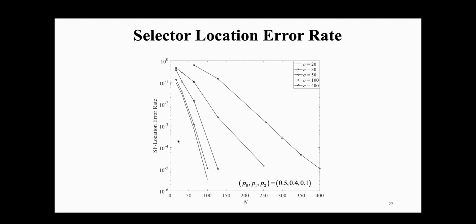This figure illustrates the detection error rate of selector failure locations versus the array size n. The detection error rate decreases rapidly with n, and the detection is very accurate, even when the noise variance is very large.